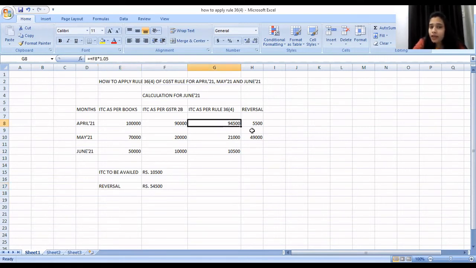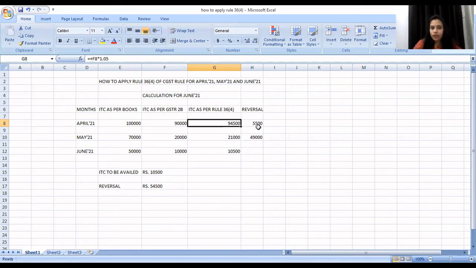And I have taken ITC of rupees 1 lakh. So the difference amount of 5,500 is extra. Extra I have claimed in GSTR 3B. So I need to reverse because I'm not allowed to take 5,500 ITC. So for April month, I need to reverse 5,500.